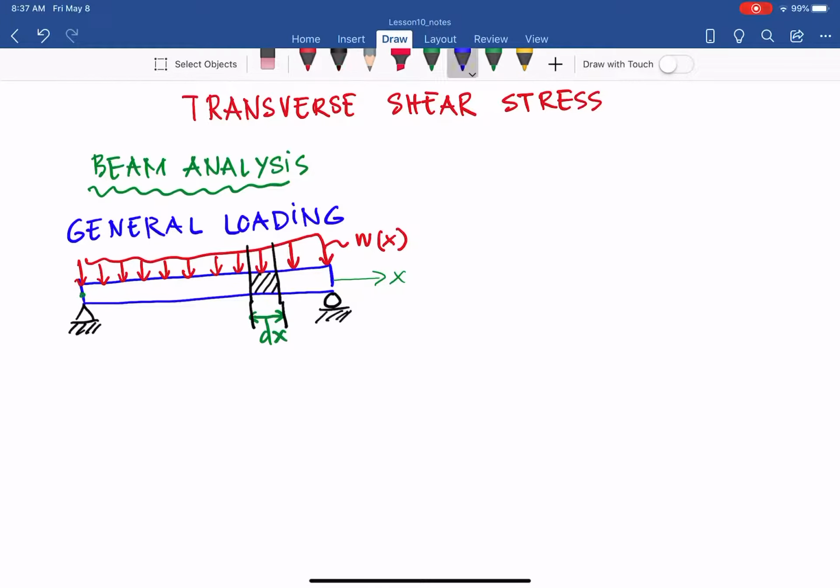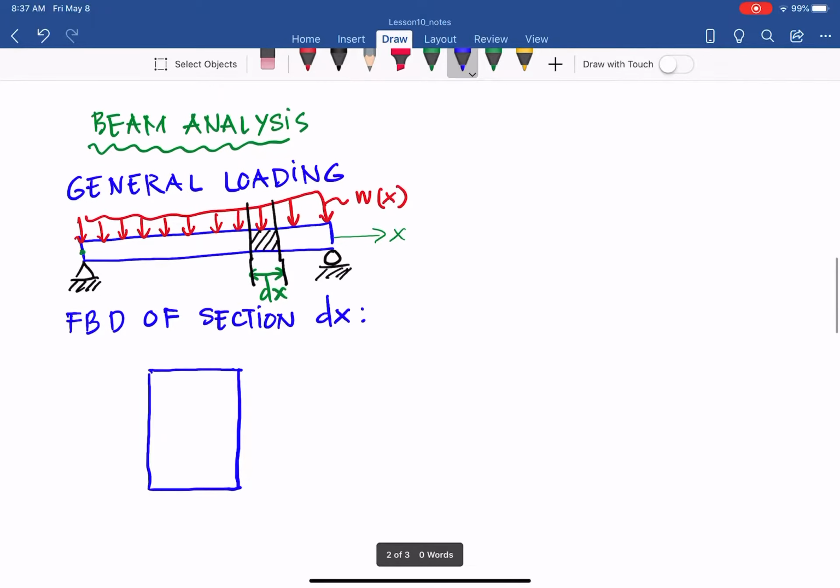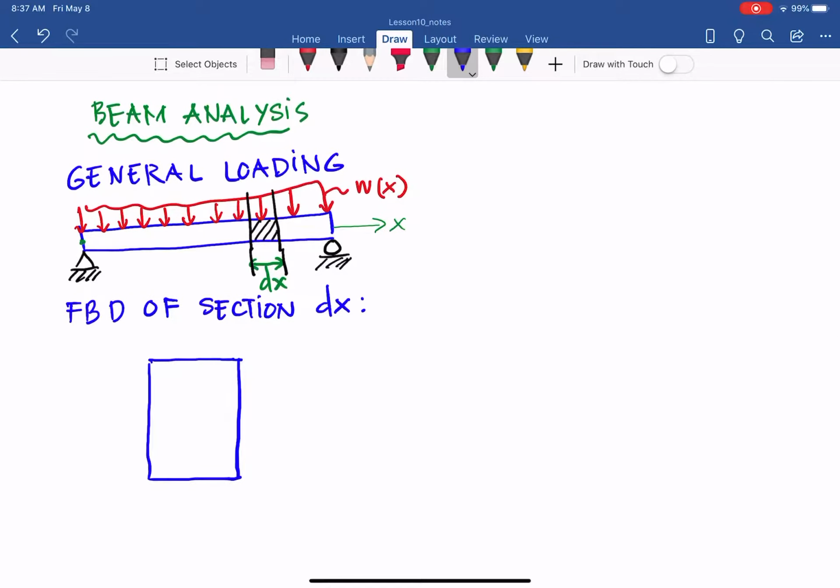So let's draw the free body diagram of the section dx, or the differential slice dx. So we have that component, and we have dx.